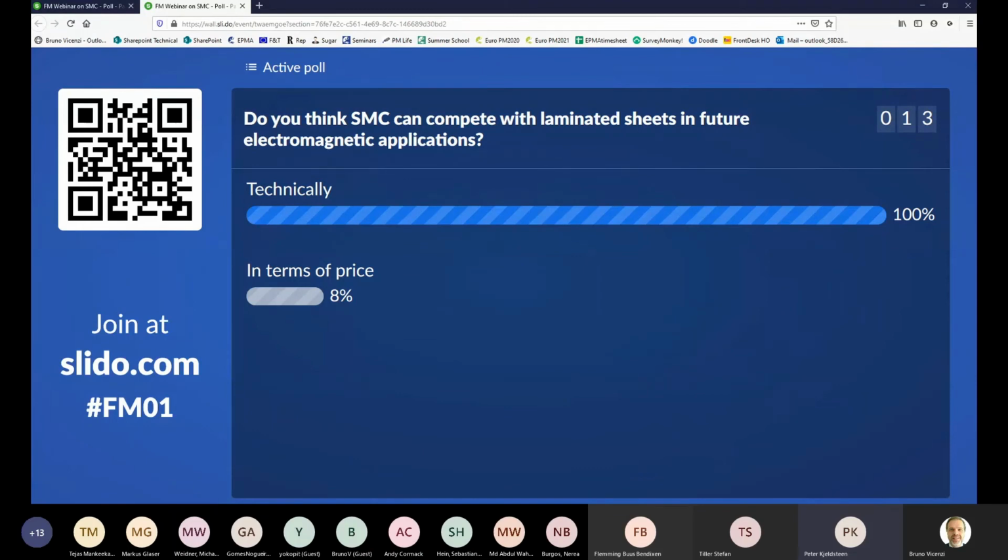But exactly as Stefan showed in his presentation, if you optimize and design it properly, then you can save a lot on copper, on the housing, and on the other parts of the product where you integrate. But if you only compare a laminated motor with exactly the same design in SMC, then you don't use the technical advantage and you'll get a more expensive product.